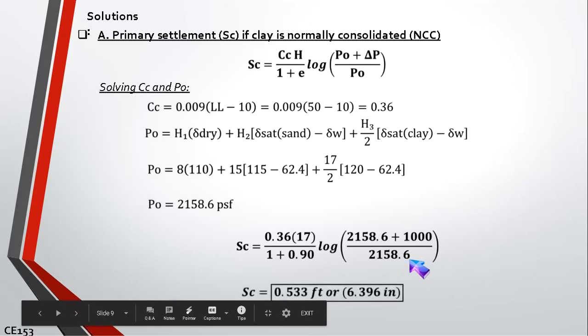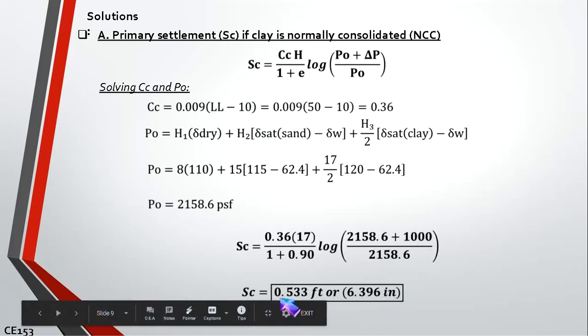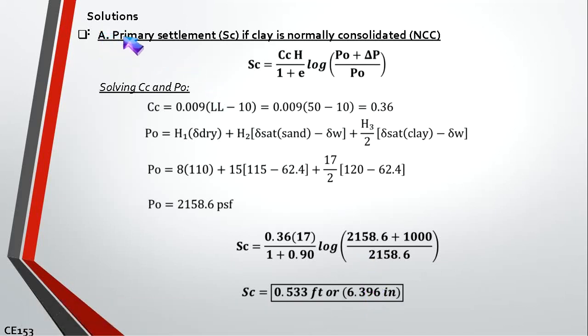So, using your calculator, we can now solve for the primary settlement if the clay is normally consolidated, NCC, which is given to be 0.533 feet, or in inches, we have 6.396. So, ito po yung solution natin for letter A. Paano isolve yung settlement if normally consolidated.